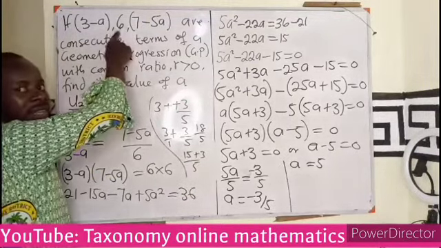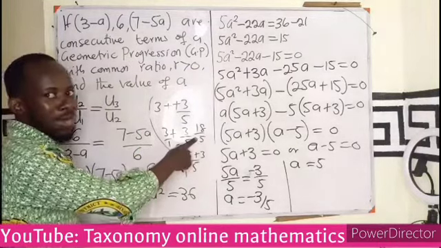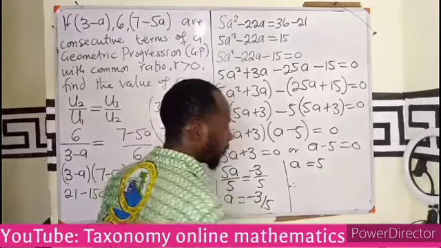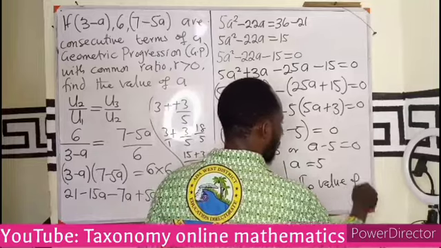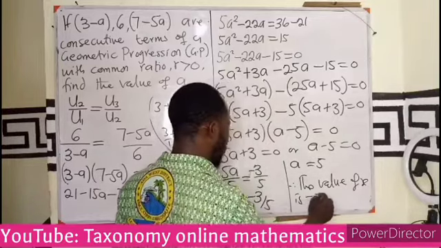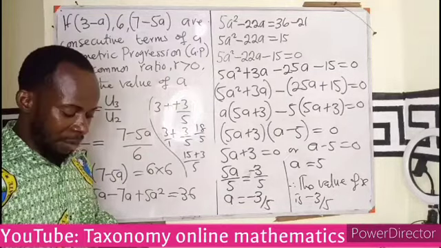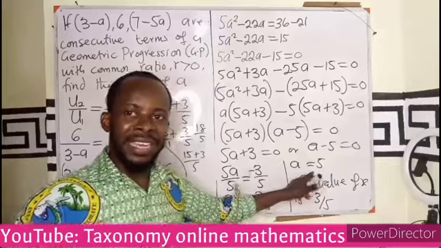And look at this. This is also positive. So 6 divided by this, no matter what, I will get a positive value. So therefore, the value of a is going to be minus 3 over 5.